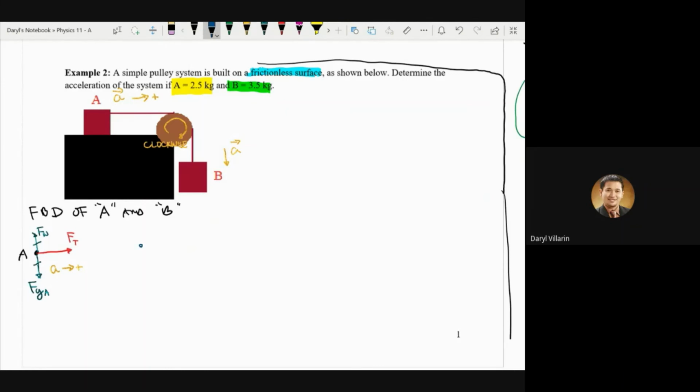So what are the forces acting on object B? If an object is lying on a surface, the weight doesn't contribute to the motion, especially since you have zero friction. Remember, if you have an object lying horizontally on a surface, the normal force is equivalent to the weight of the object.